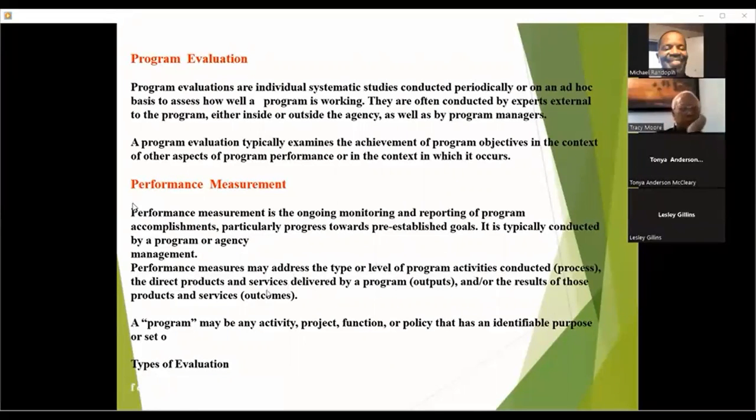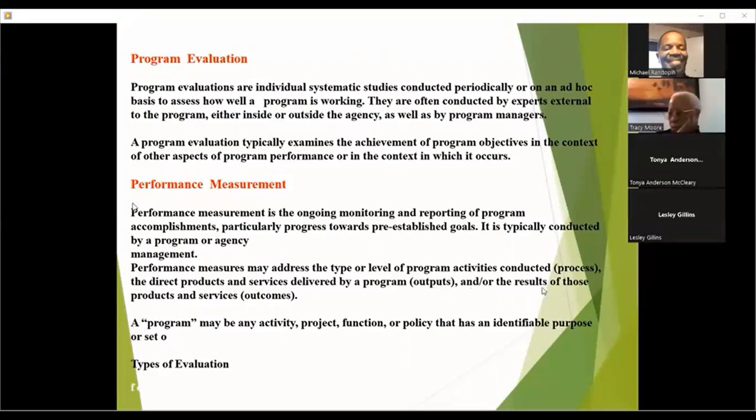Now, one thing to note about performance measures: they may address the type or level of program activity conducted. That is, what are you doing? What are the activities? That's called a process. Or it might be the direct products or services that you plan to deliver. That's called outputs. We're going to talk about that a little bit later.